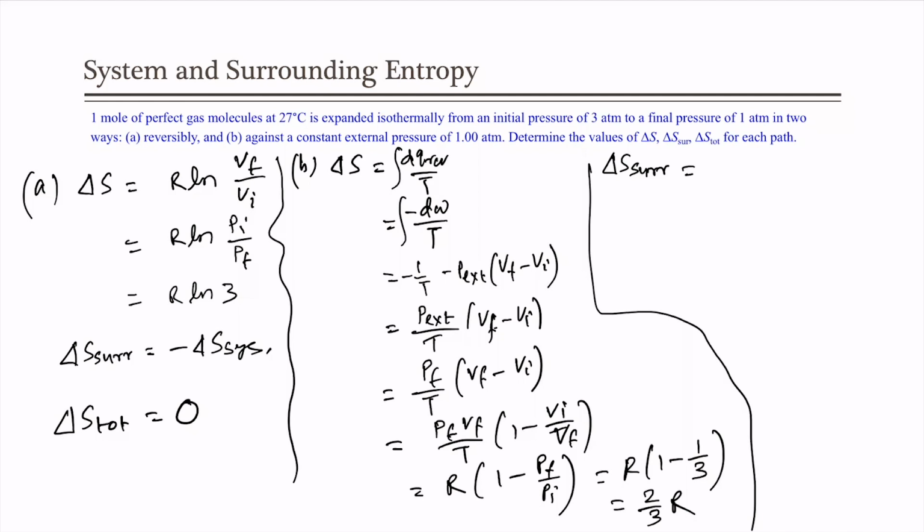So the surroundings entropy is whatever we calculated just now, minus 2 by 3 R, because it is a negative value, since it is losing that amount of entropy. The system entropy is whatever we calculate by a reversible way, which is R ln 3, which we already calculated for the reversible step.